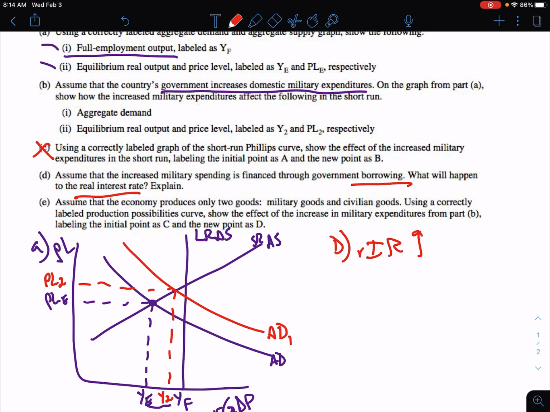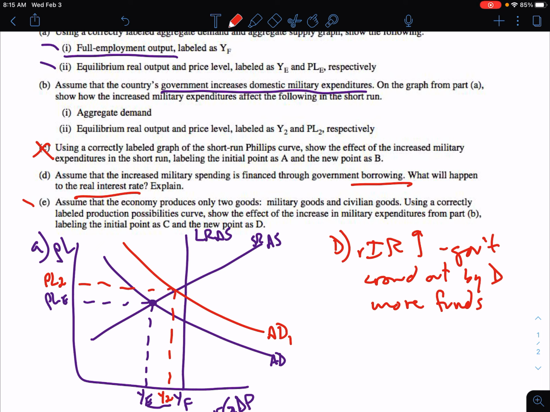I should say the real interest rate will rise. And the reason is that the government will crowd out by demanding more funds. We'd usually call those loanable funds.